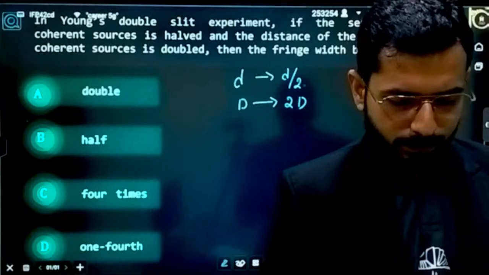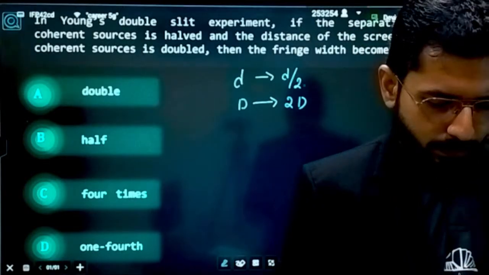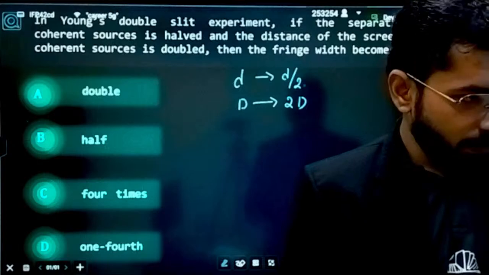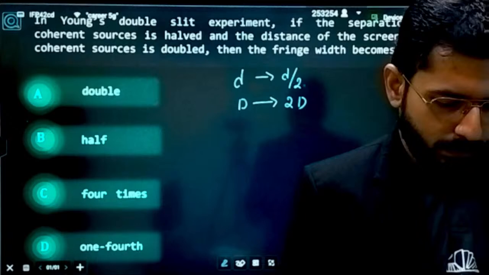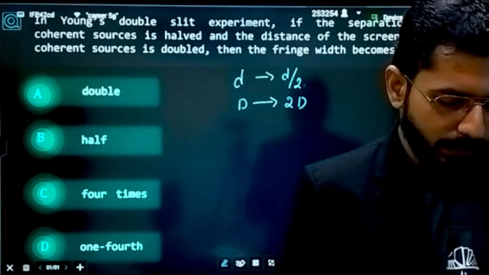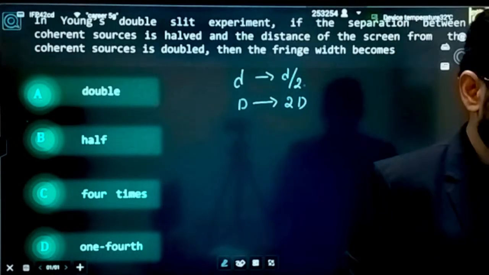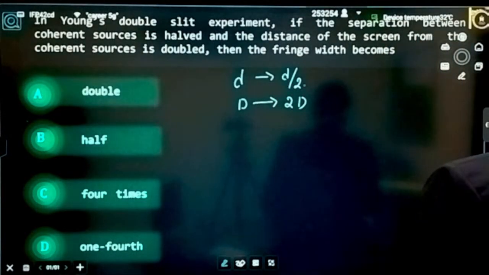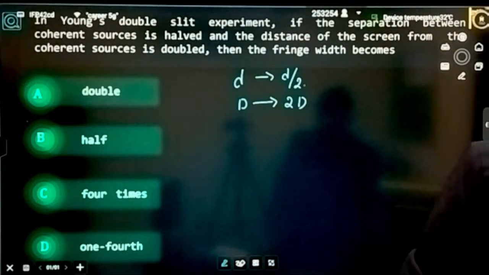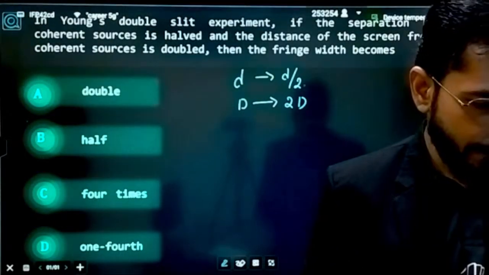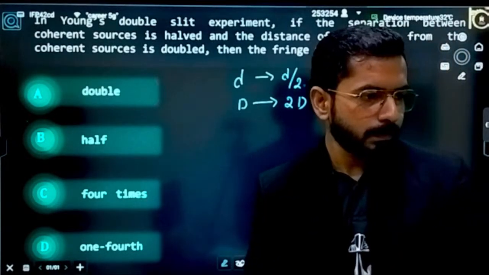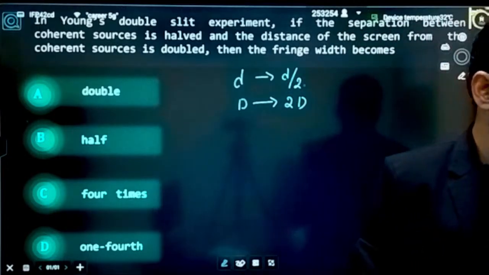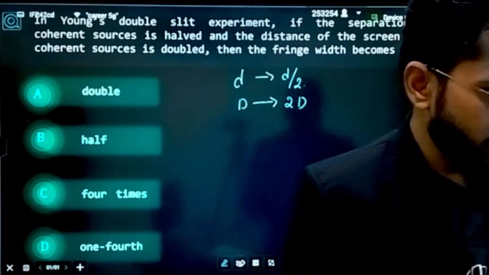Double. This capital D is made 2D. Is there a lag? Is it clear to all of you? I think there is a lag.